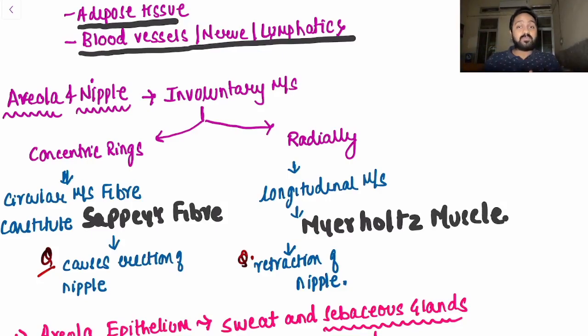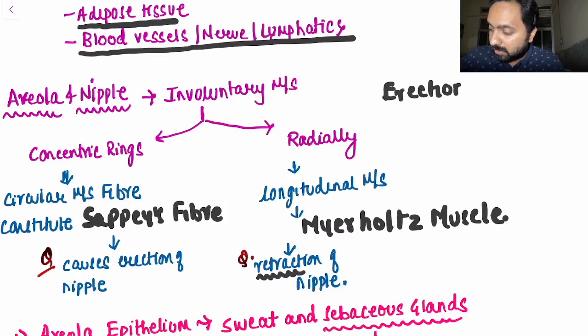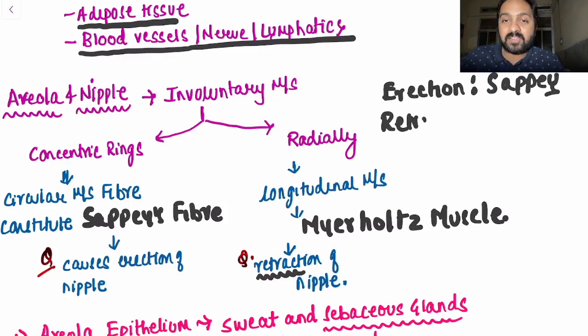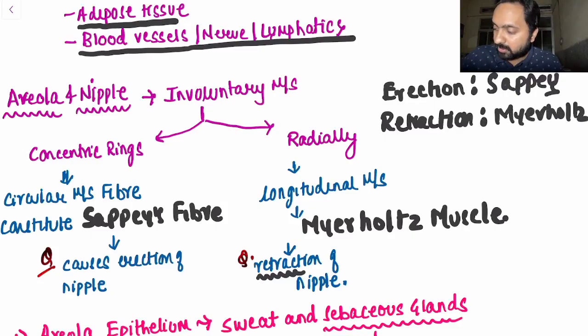Now this is responsible for retraction of the nipple. So erection of the nipple is because of your Sappey's fibers and retraction of the nipple is because of your Meyer-Hall's muscle. So this is a very important topic and an expected MCQ from this region.